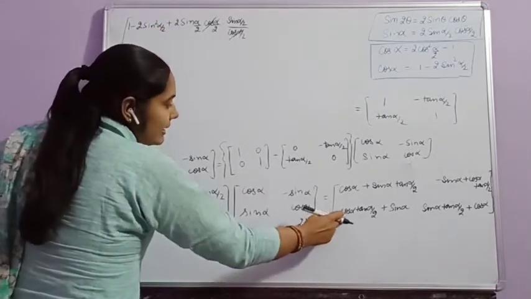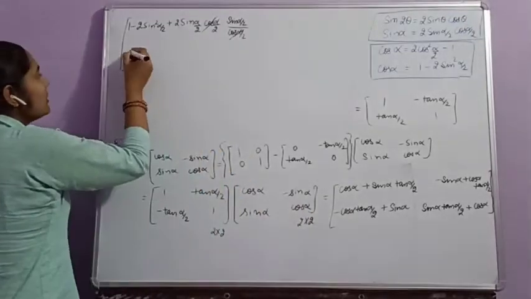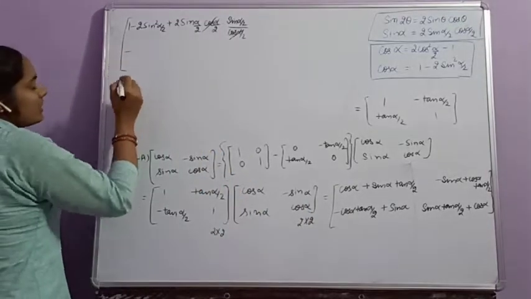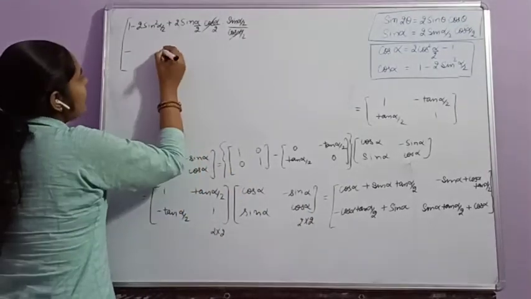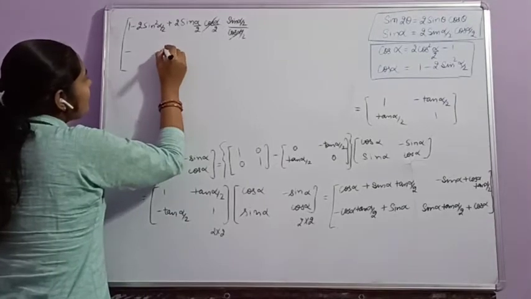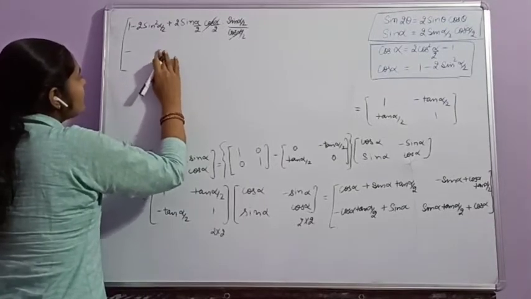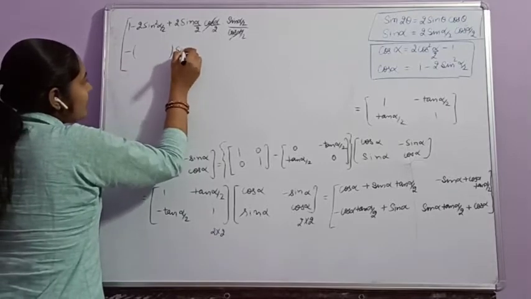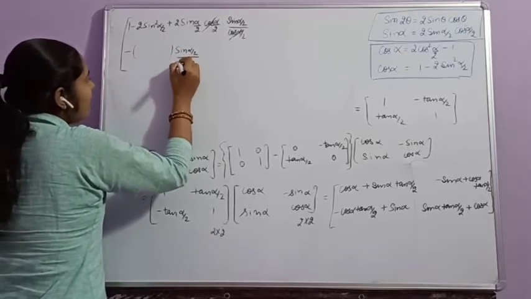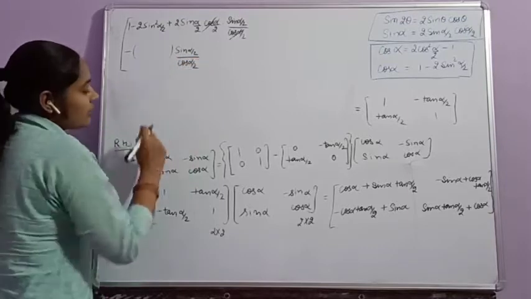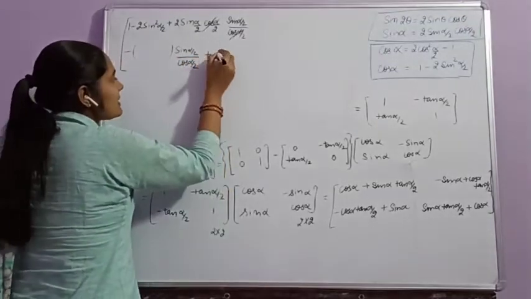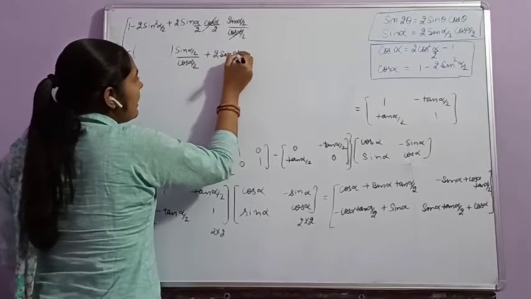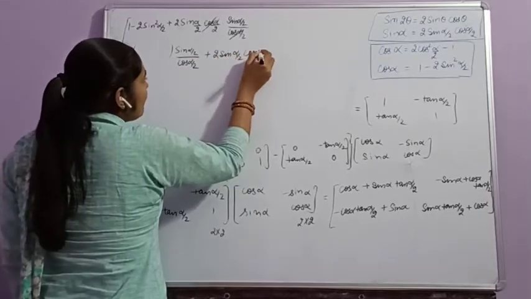Now that is minus cos alpha multiplied with tangent alpha by 2. We know that tangent alpha by 2 can be written as sin alpha by 2 divided by cos alpha by 2, plus sin alpha is 2 sin alpha by 2 cos alpha by 2.